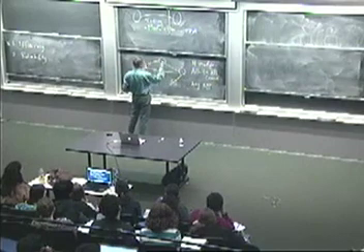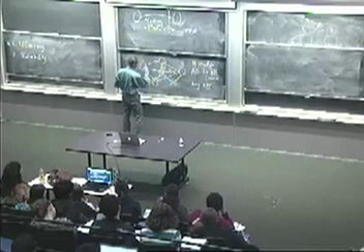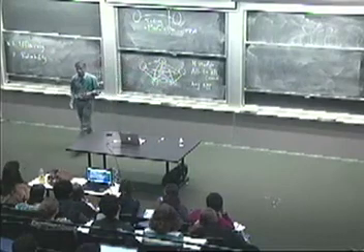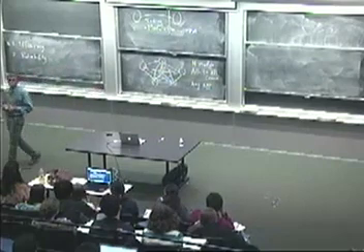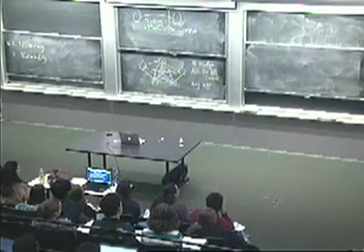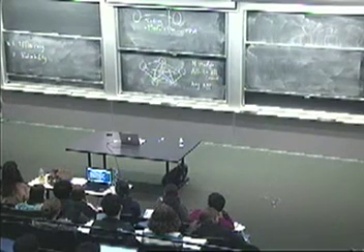Just connect every pair of computers or every pair of nodes to each other. I'm probably missing a few of these, but this is a great network design because it's composed of a bunch of links to build a network. So why don't we do this? Or maybe we should do this.